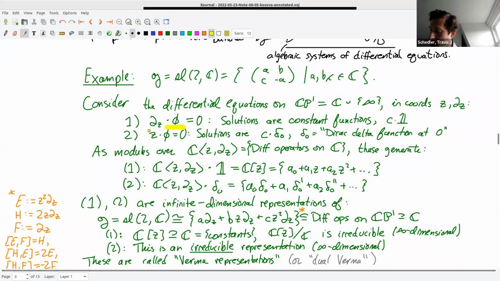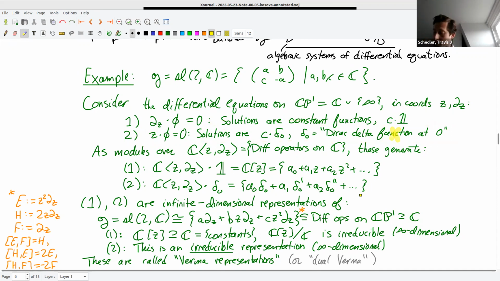Or we could take a different differential equation where, instead of differentiating giving you 0, multiplying by z gives you 0. Well, of course, there are no functions with that property unless they're already 0. But there's something slightly more general that has that property, which is called the Dirac delta function, if you've heard of it in physics. It's not actually a function at all. Mathematically, it's what's called a distribution.